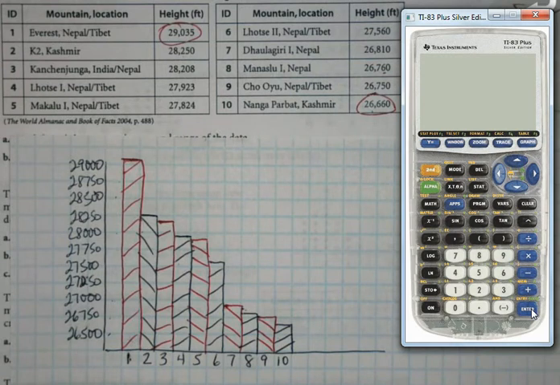This is a way of showing you can take data and make it look any way you want to. You can make it look really good or really bad depending on what the purpose is. So like here, if I wanted to make Everest seem like the biggest, tallest mountain there is by a long shot, this would be a good way to do it. If I wanted to show that they were closer together in size, there would be some ways for me to do that on a screen as well.